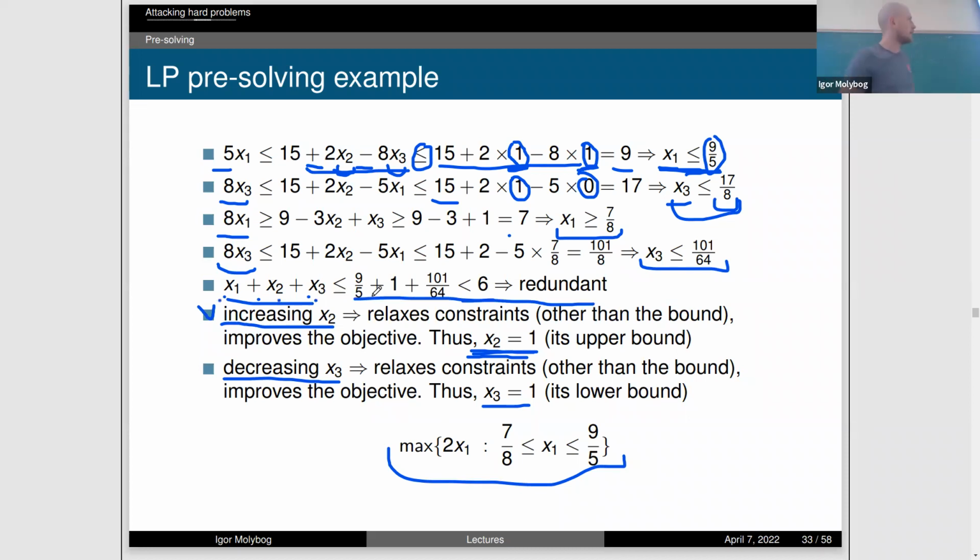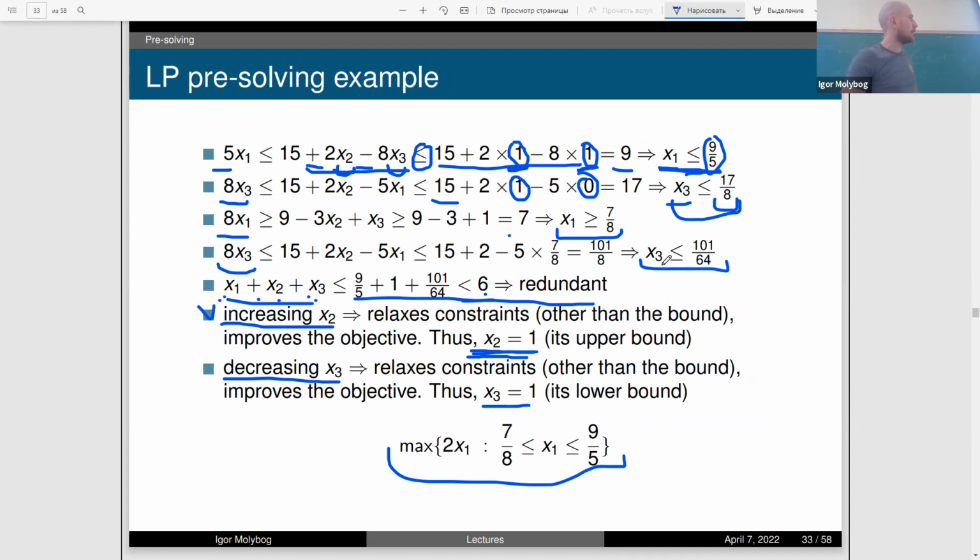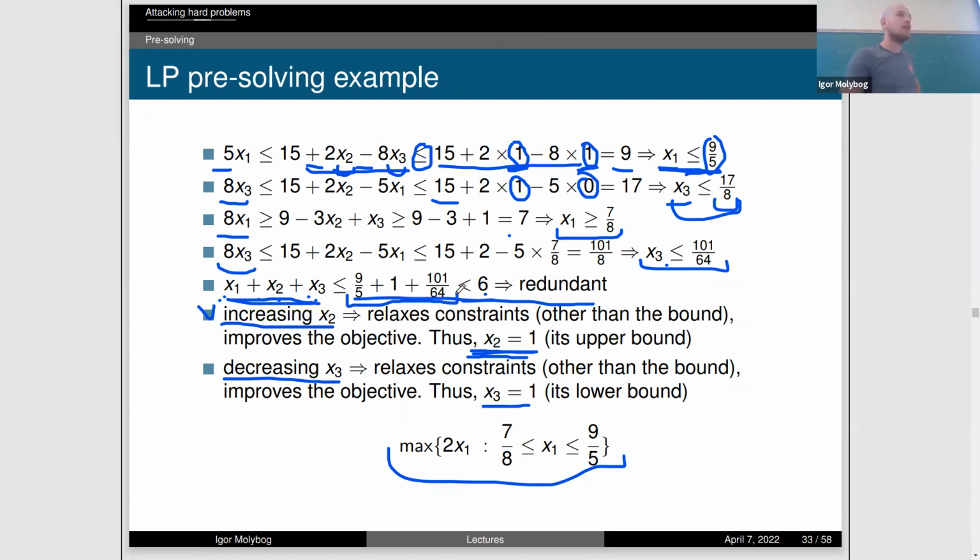X3 is being less than or equal than 6. And then you can substitute the upper bounds on x3, x1, and x2 into this expression right here, and get this expression.